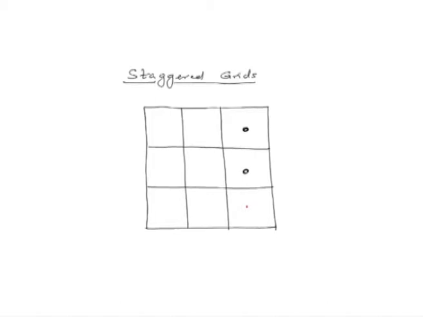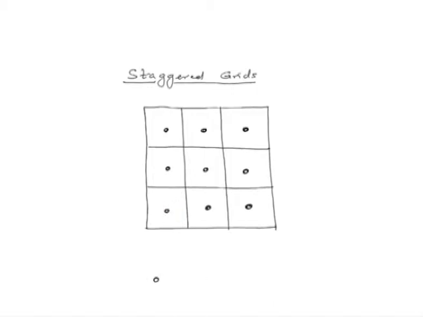Now, the centroids are the ones where pressure or temperature would be defined. That is where we are going to solve for all the scalar components.